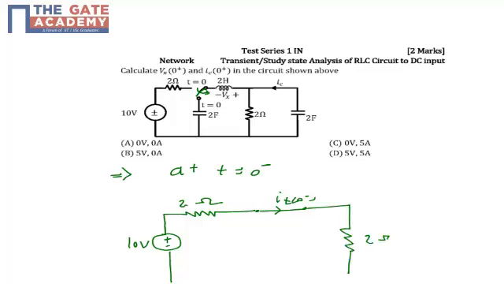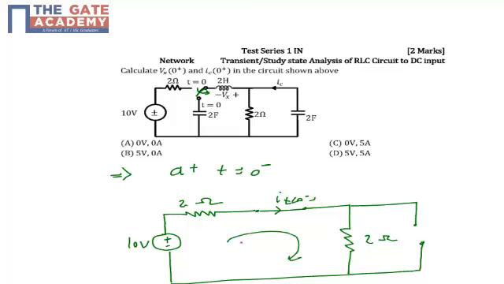The 2 ohm resistor is in parallel with a capacitor, which will be open circuited. So we have an effective loop in which we have 2 ohm resistors and one 10 volt battery.